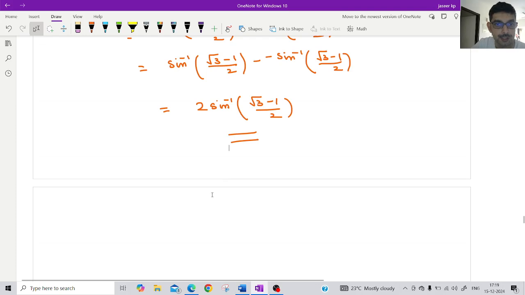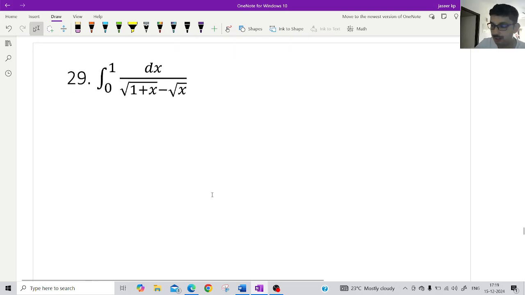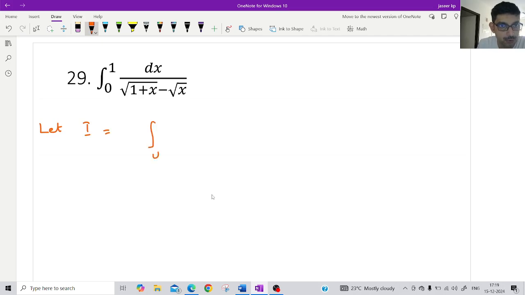Now moving to the next problem. Integral 0 to 1 dx by root of 1 plus x minus root of x. So now rationalizing this, let I equal to integral 0 to 1 dx by root of 1 plus x minus root x.